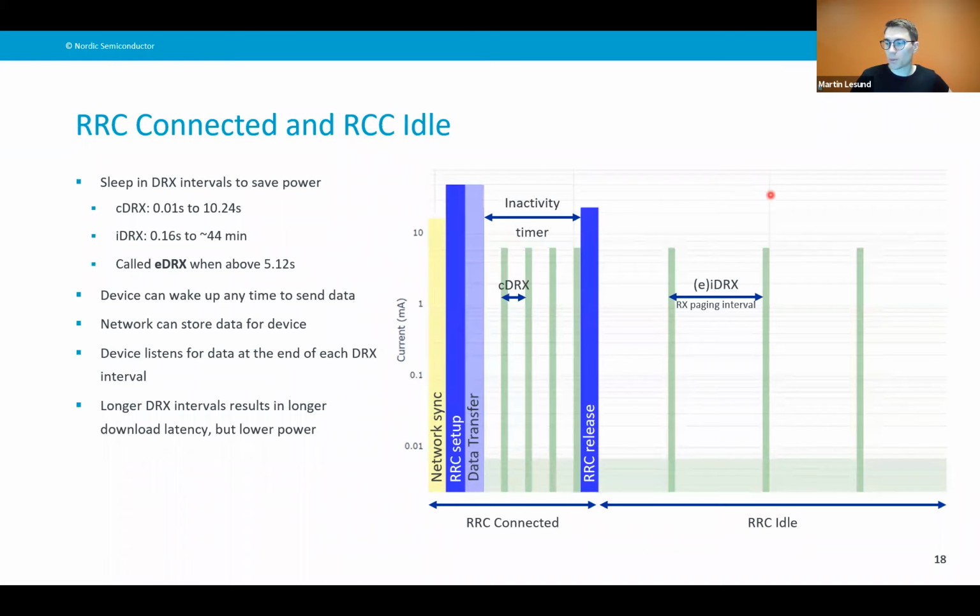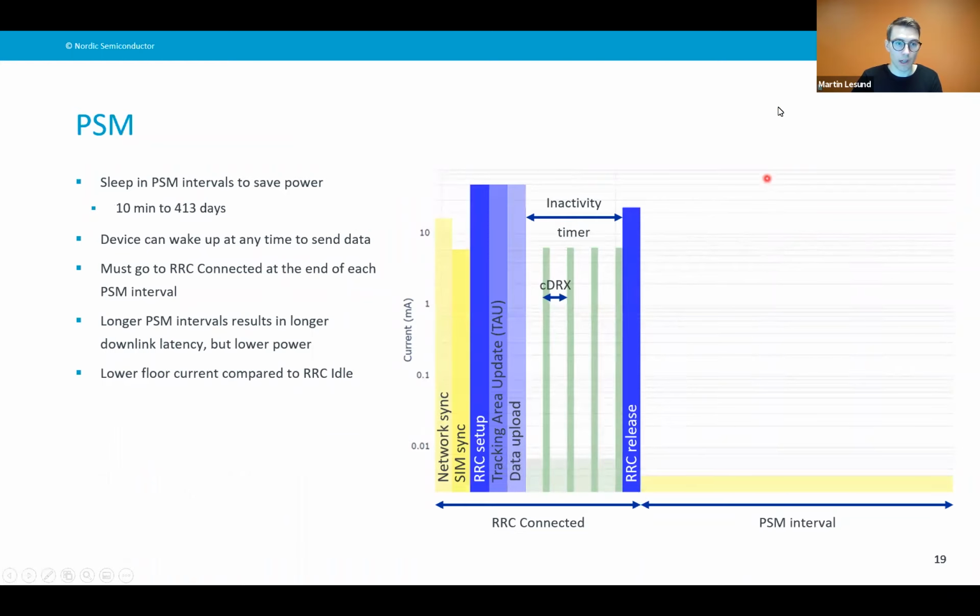Like I said earlier, you can wake up at any time. And then some networks can even store some data for the device. So, of course, longer intervals give you a lower power consumption. And now the PSM mode. So in this figure here, we showcase almost the same thing without the idle mode. We have the connected mode here. We sync up.